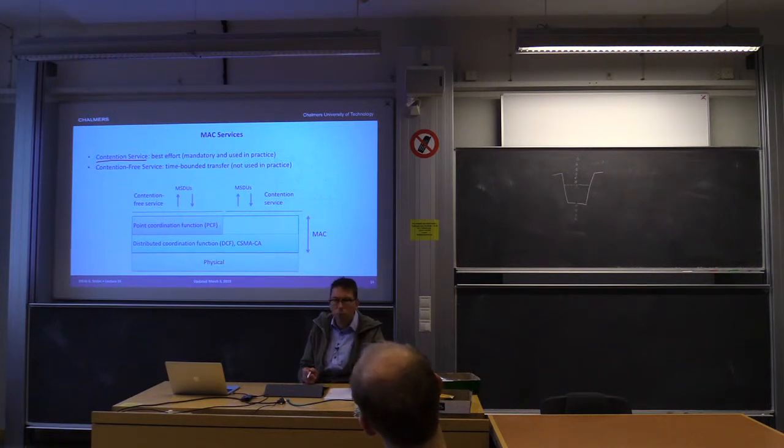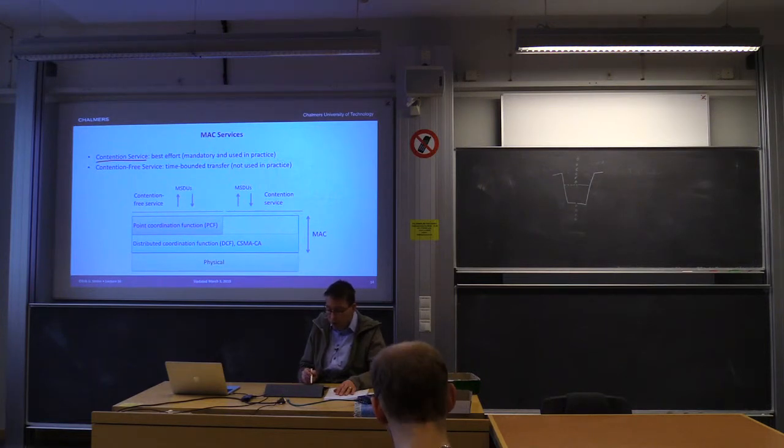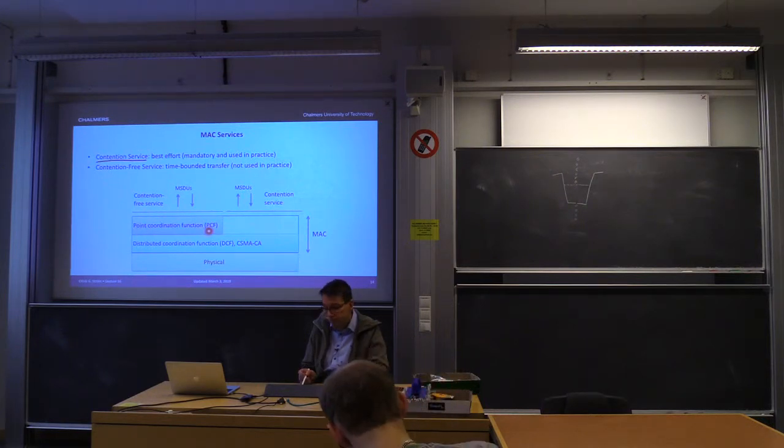We won't talk much about it because it's rarely used in practice. I don't know if it's ever used in practice, but it's in the standard. The contention-free service is called Point Coordination Function, PCF.